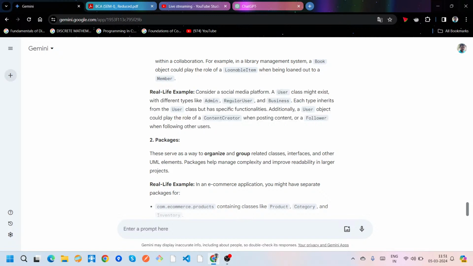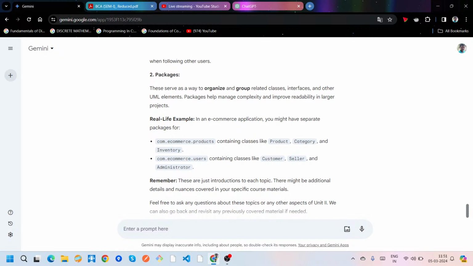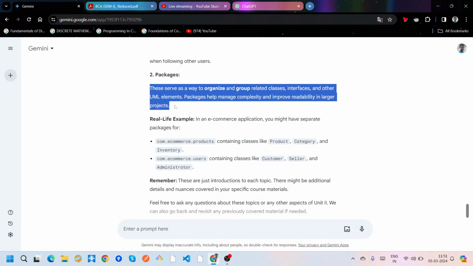Right, I understand. Then the next topic is packages. Packages means these serve as a way to organize and group related classes, interfaces, and other UML elements. It means packages help manage complexity and improve readability in larger projects.